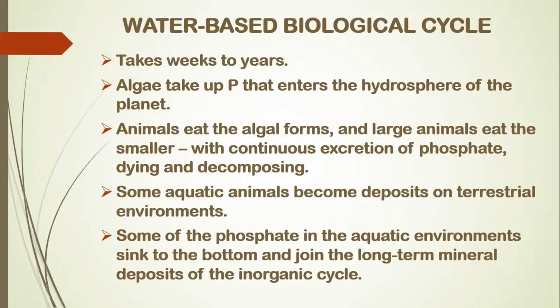Okay, so this is a broad description of the cycling of phosphorus on land biological systems, water biological systems, and the inorganic cycle, all being given a reference with respect to the time it takes for the phosphorus to cycle through those systems. Next slide.